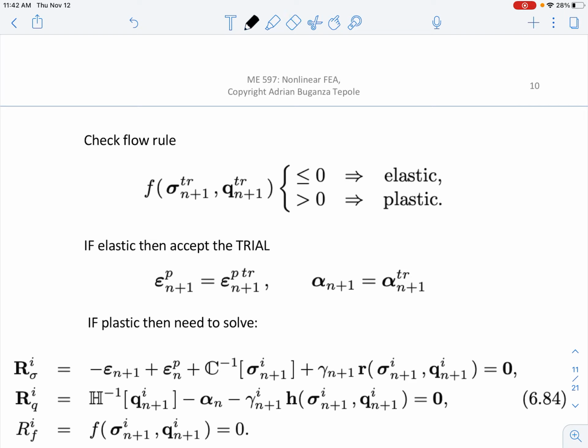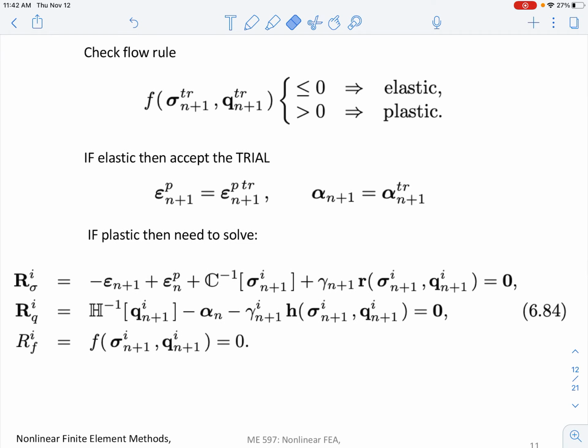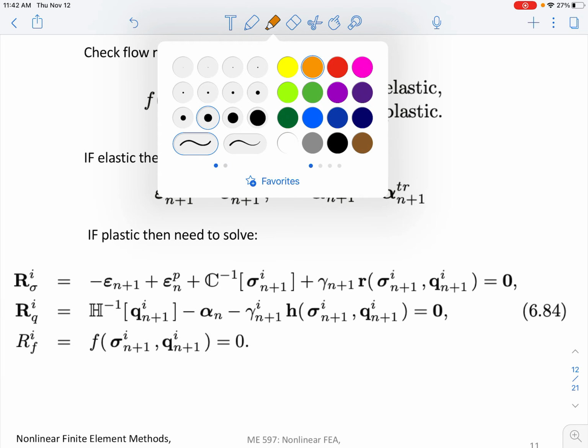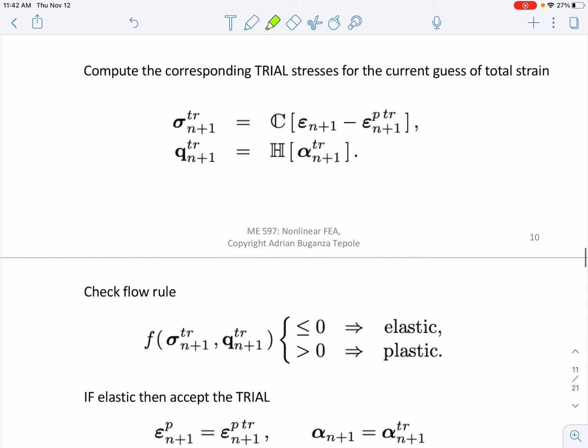But if this is greater than 0, that means that there's some plastic deformation. Then you actually do need to solve the equations. So you need to solve this system of equations. These are 3 residuals. And again, you are solving for, let me mark this, sorry, this one is given. This one is the one that comes from, what color was I using? I think I was using green. Yes.